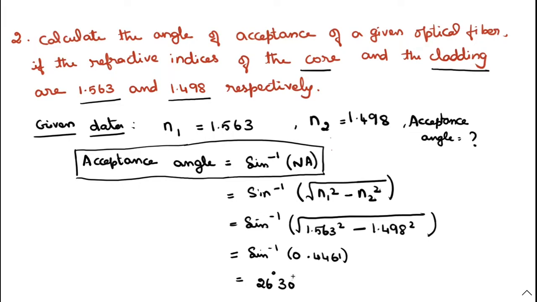This is the angle. The acceptance angle is represented by theta, so theta is equal to 26 degree 30 minutes. In this way we have to calculate the acceptance angle. So the previous problem was about numerical aperture, and the second problem about the acceptance angle. Let us go to the next problem.